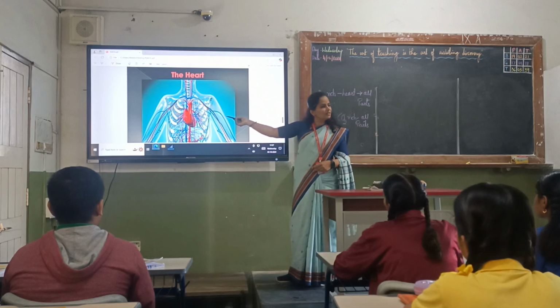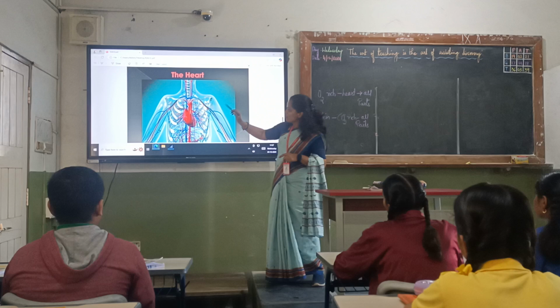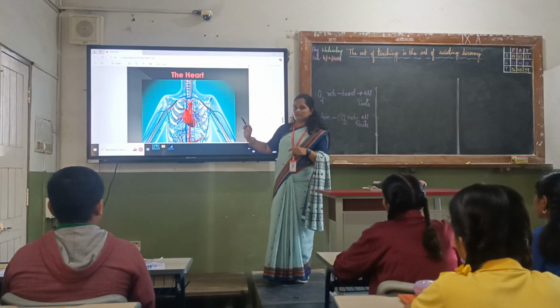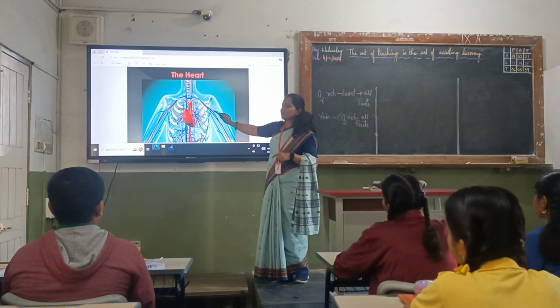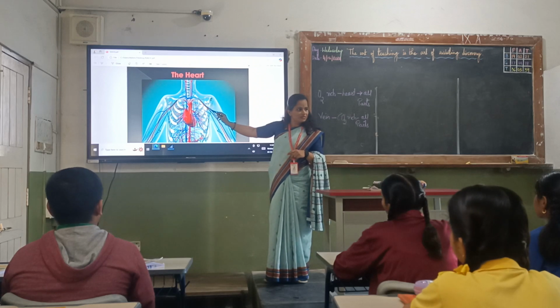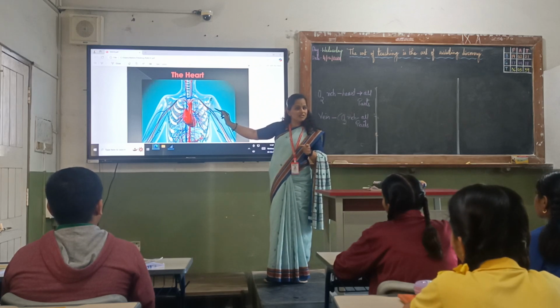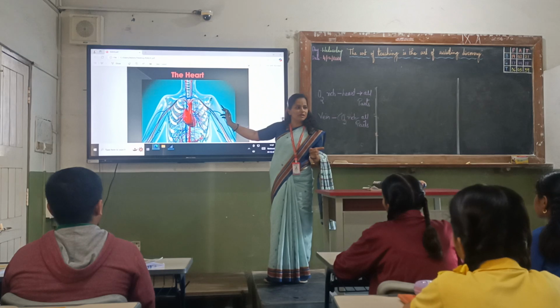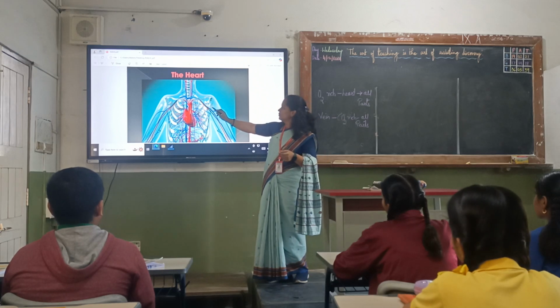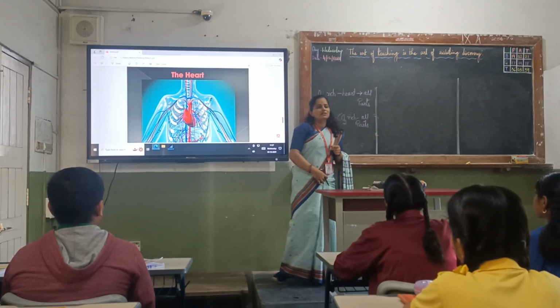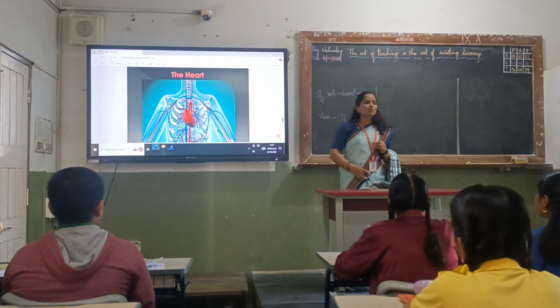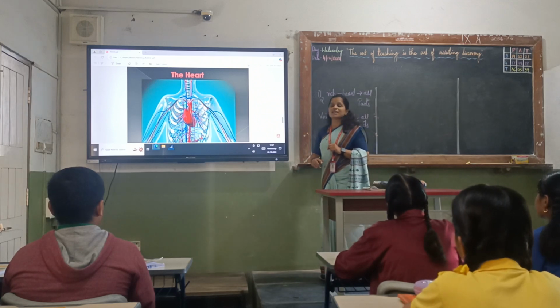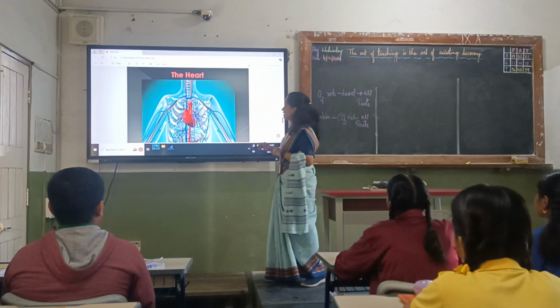Those tube-like structures are nothing but the arteries and veins. But you can see two colors here. Red color indicates these are the arteries, and arteries always carry the oxygen-rich blood, pure blood, oxygenated blood. And blue color indicates deoxygenated blood or impure blood or carbon dioxide-rich blood.